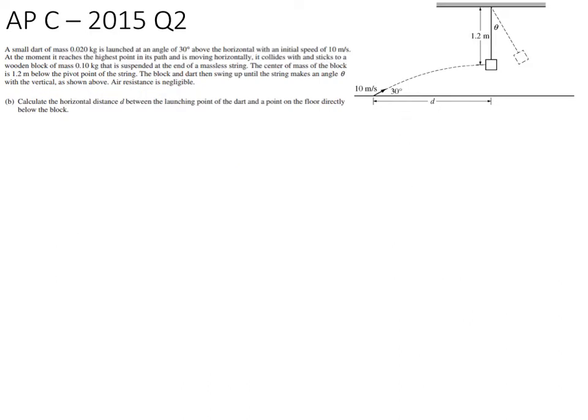Now for this one, calculate the horizontal distance between the launching point of the dart and the point on the floor directly below. So basically, what's D? All right, well first, let's try and make this chart. It's been a while since we did this.